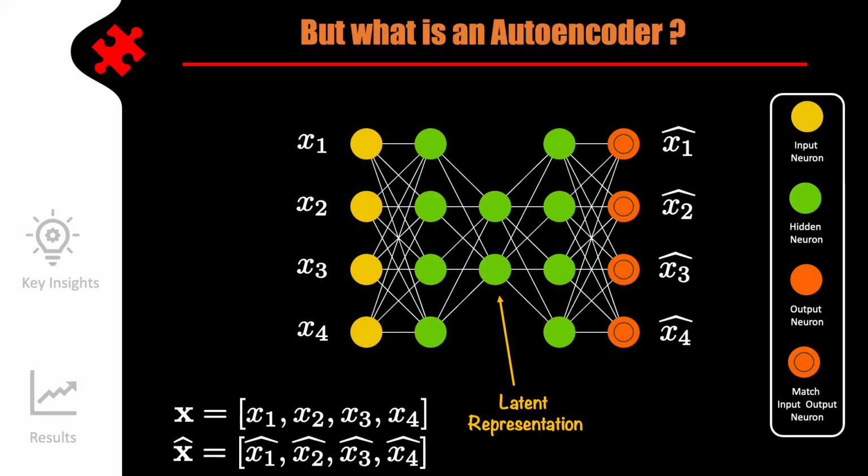I don't want you to get anchored by the fact that here I have used a 4-dimensional input and a 2-dimensional latent representation, and 2 is half of 4, but there is nothing like that. I could have chosen 3 neurons for my latent representation. Similarly, the input could have been even a bigger vector, maybe a 784 dimensional vector.